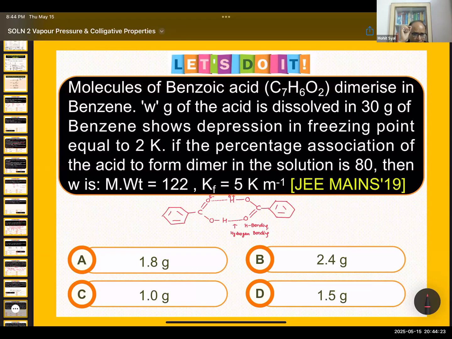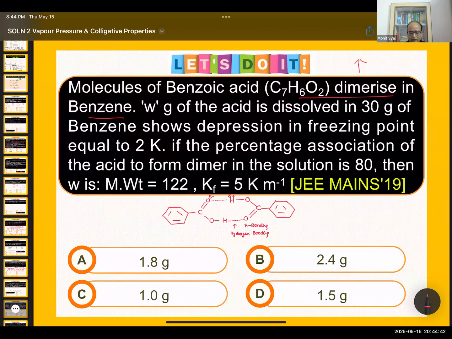I have represented them by dotted lines. So is this clear? Got it? Yes, sir. So this is the reason for dimerization you should also keep in mind. So this dimerizes in benzene.